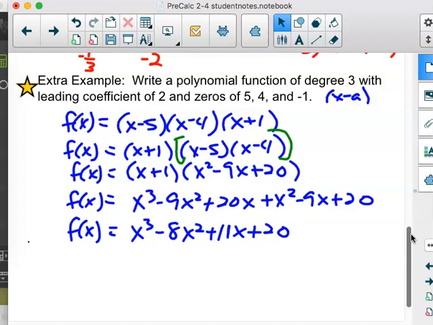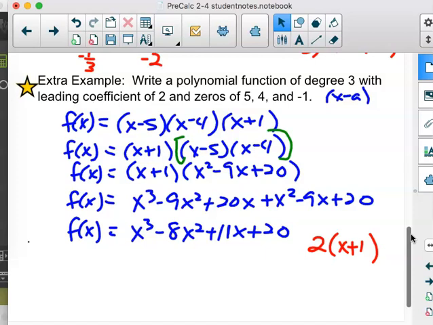And I remember that if we have a 2 outside of our factors, the 2 doesn't affect my zeros. My zero here is going to be a negative 1. The 2 had nothing to do with that because the 2 doesn't have an x with it.